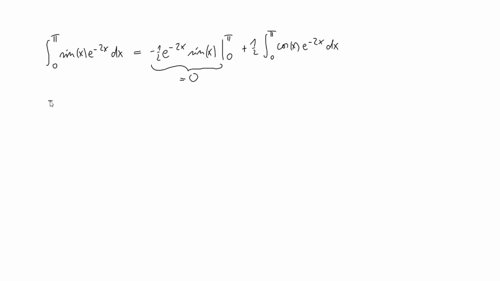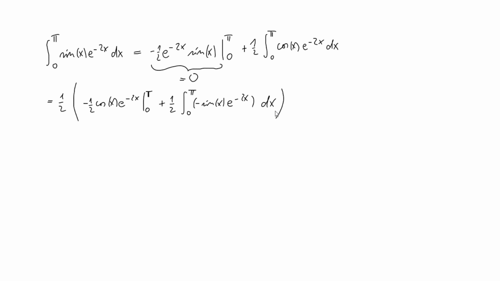So what we end up with is 1/2 times minus 1/2 times cosine of x times e to the minus 2 times x from 0 to pi, plus 1/2 times the integral from 0 to pi over minus sine of x times e to the minus 2 times x dx.